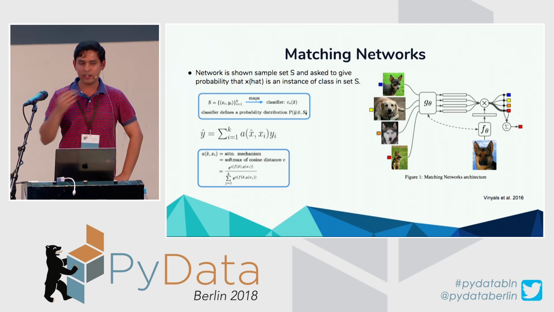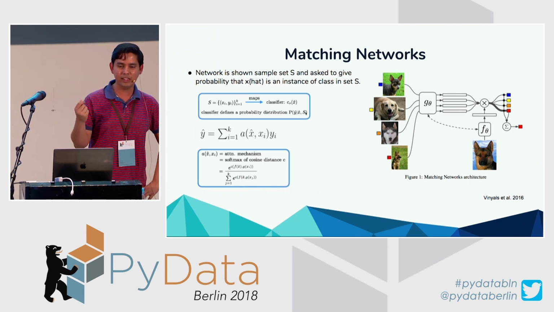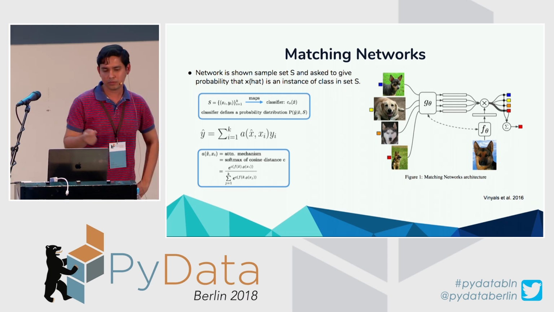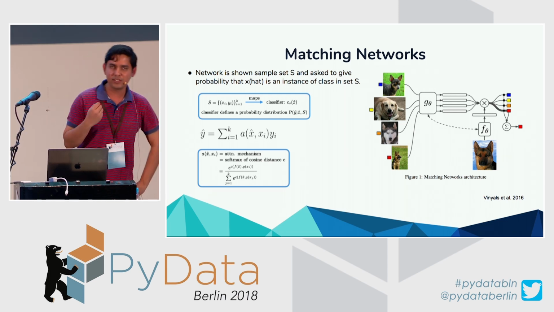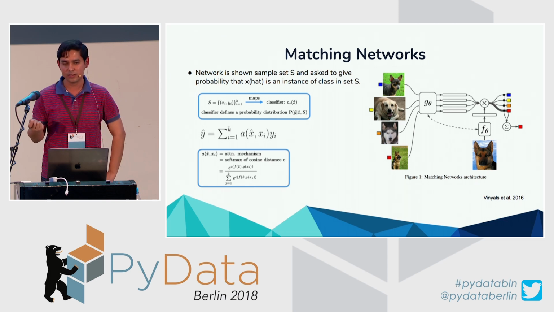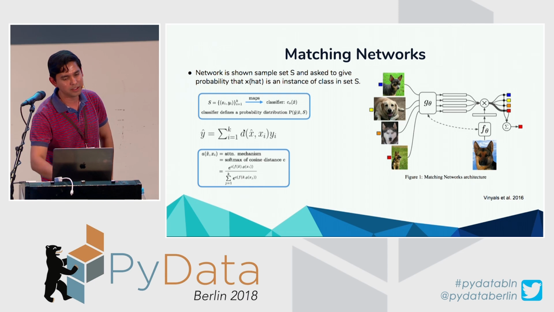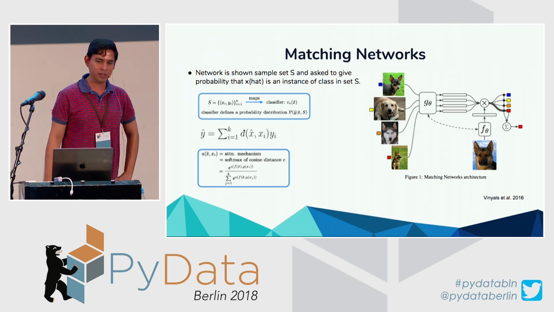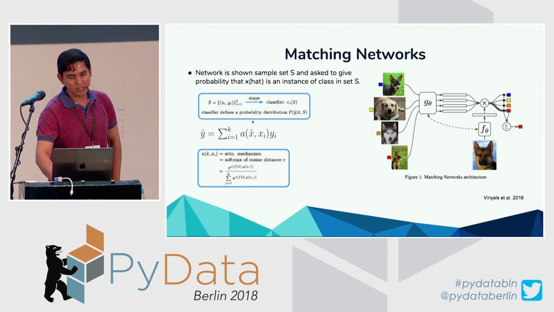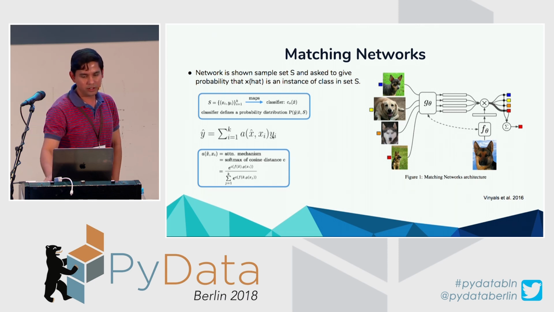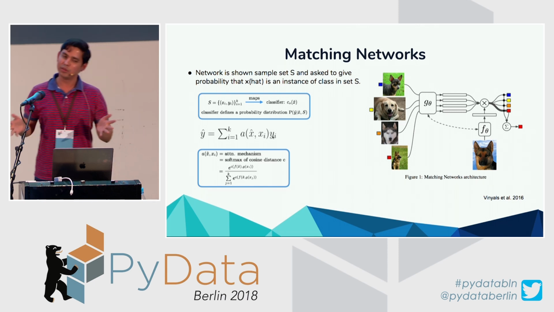So this Y target class, what is it? It is basically an attention mechanism, which is a softmax on the cosine distances. And so this basically is the chunky part of this paper. The Y here is the one-hot encoded values, and that's about it.